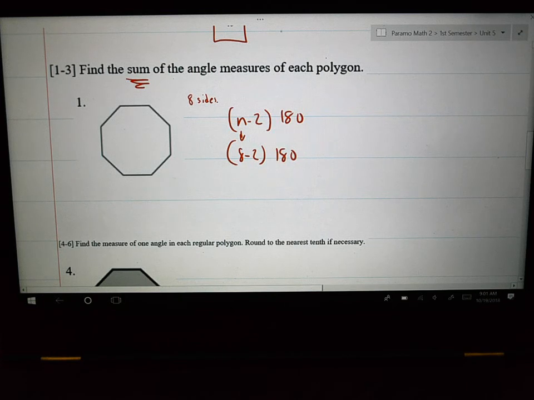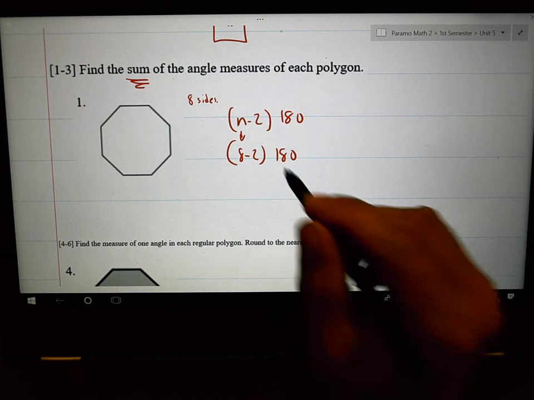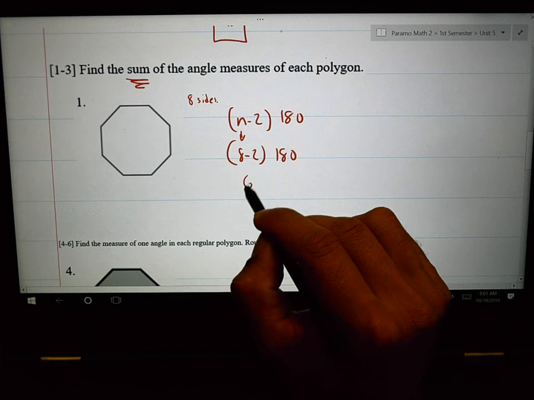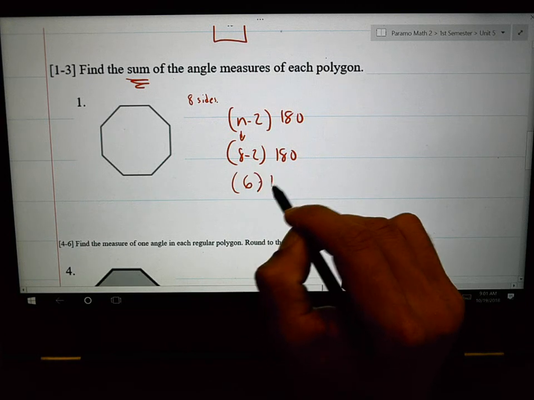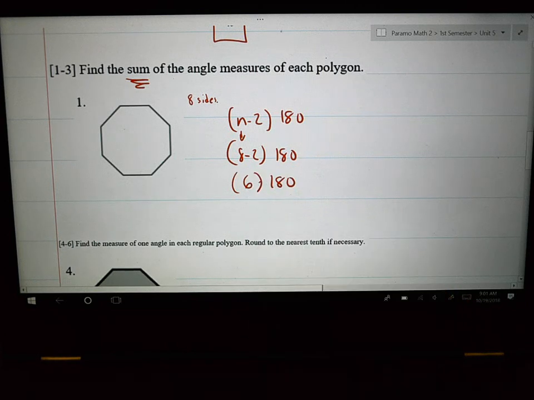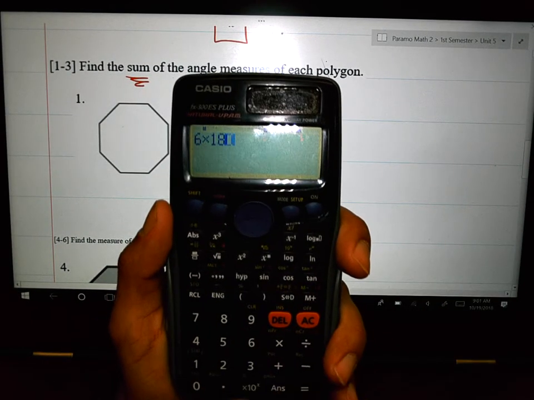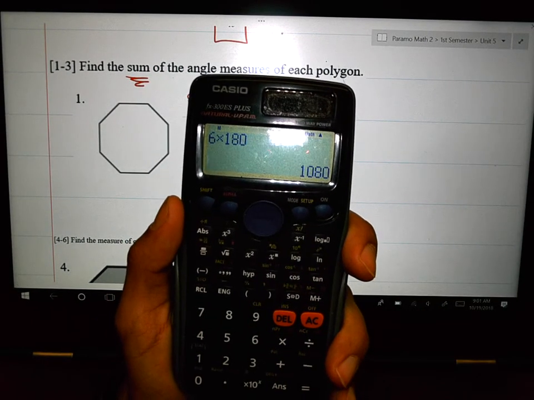You can do this on your calculator if you wanted to, but to save myself punching in some things, I'm going to do the 8 minus 2 part first. 8 subtracted by 2 is 6. When you have parentheses, it means multiply, so this is where I'm going to take my calculator. Multiply it.